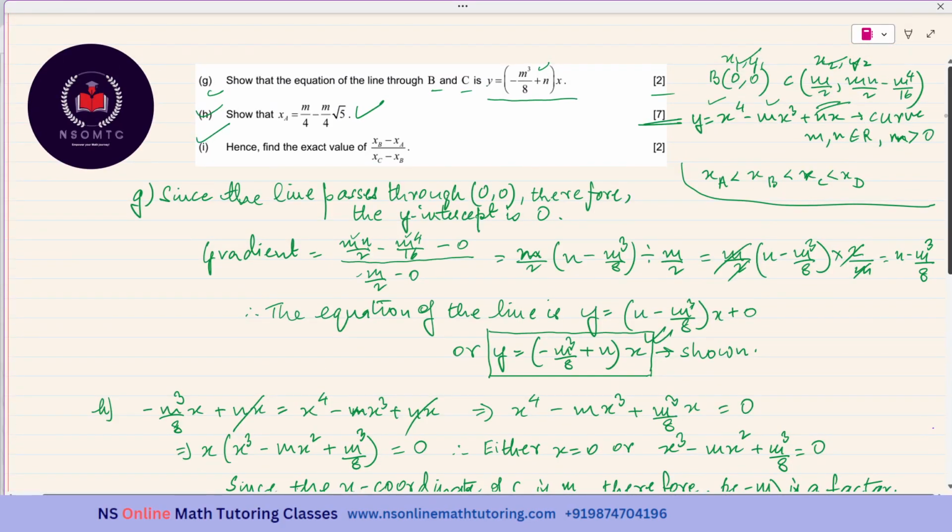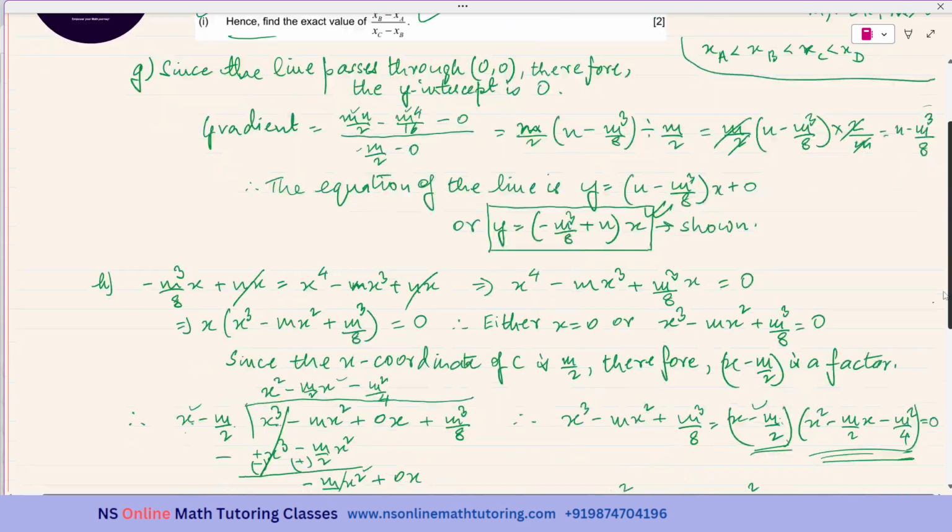Okay. Hence, find the exact value of xb minus xa over xc minus xb. Exact value means it should be a numerical value. Most probably the m's will be getting cancelled. Okay, so let's see.